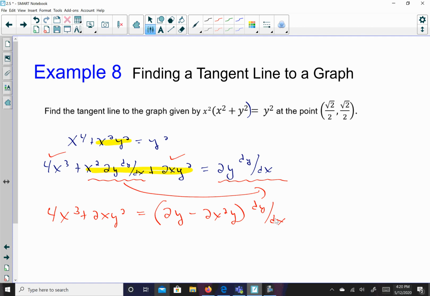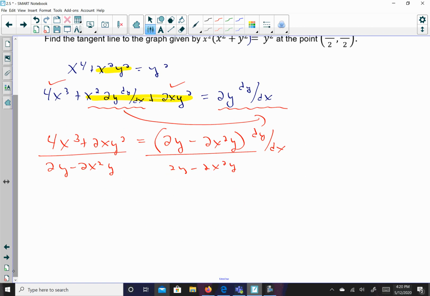To find dy dx, I am going to divide both sides by 2y minus 2x squared y. So when I do this, dy dx is equal to, here I factored out a 2x and made that 2x squared plus y squared.